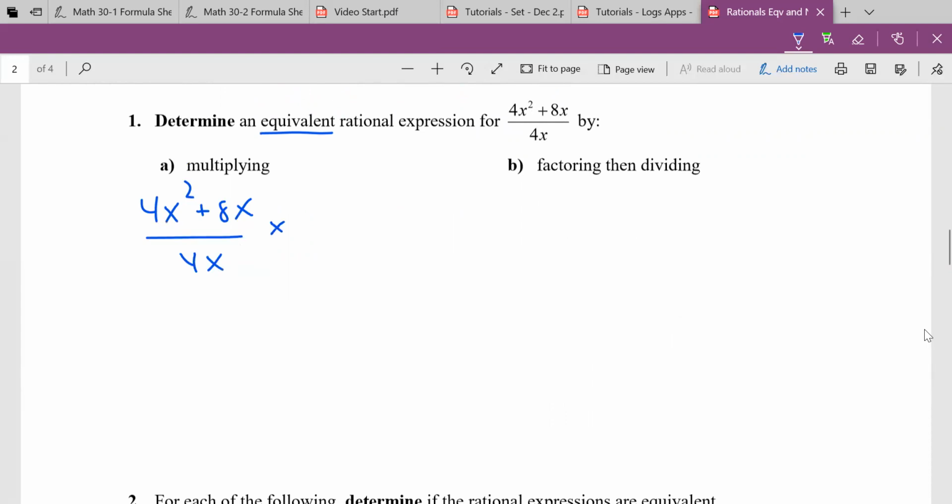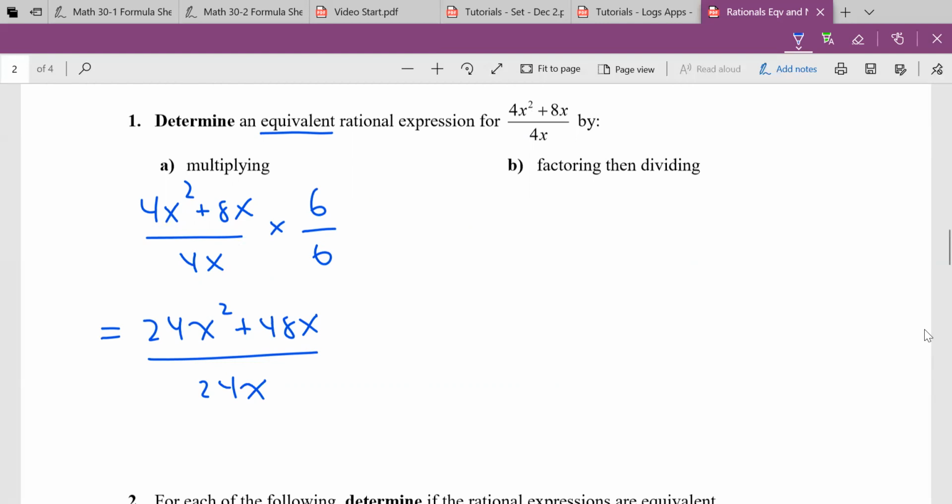I'll choose 6 over 6, which is really just 1. And this will give me a rational expression that is equivalent to the original. But the problem here is there's an infinite amount of things that we could have multiplied by. That's going to make it problematic for the teacher. Teacher doesn't want to mark an infinite amount of things.